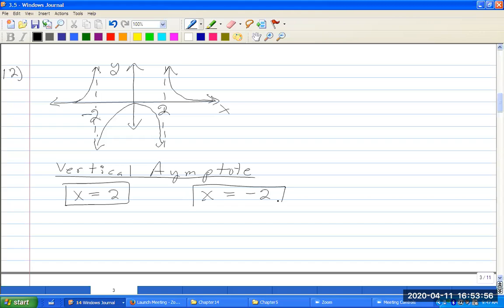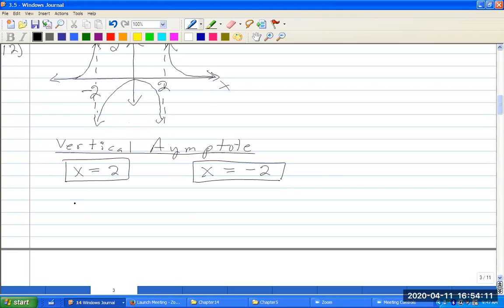You must write it as a vertical line. A vertical asymptote is a vertical line. So you must write the equation of a vertical line.